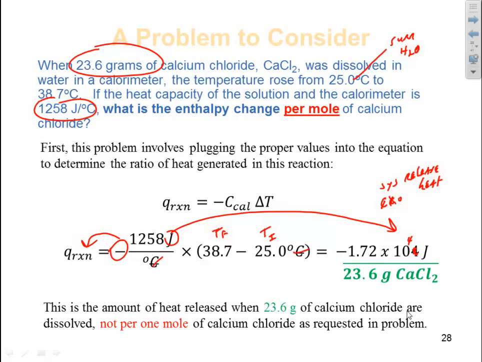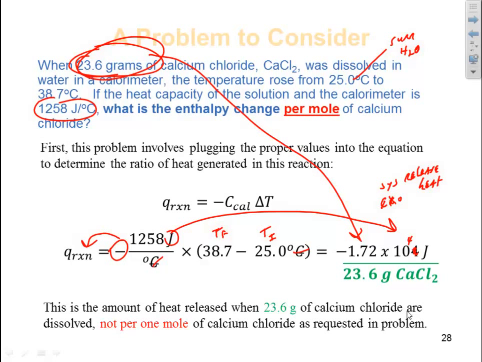Now this is the amount of heat released per 23.6 grams of calcium chloride. You've got to realize this amount of substance is what produced that heat. Sometimes you might want to just divide by the mass to give you a joules per gram basis. Then you can have this as a calibration term, so that I know how much heat is given up for every gram of calcium chloride that I dissolve.